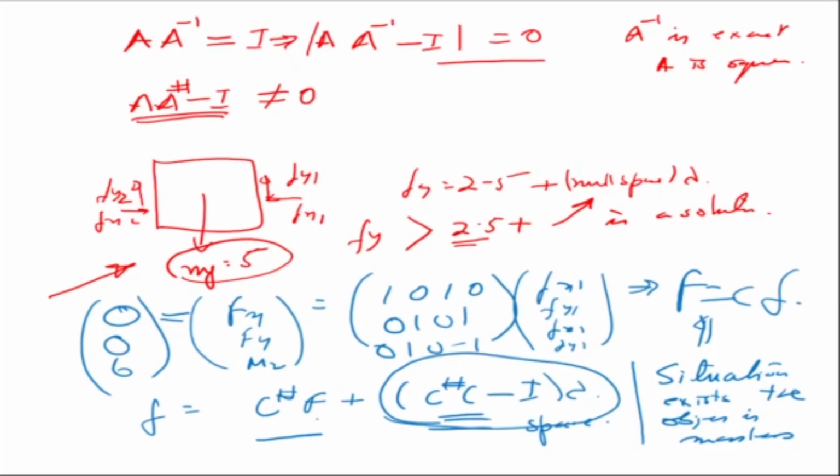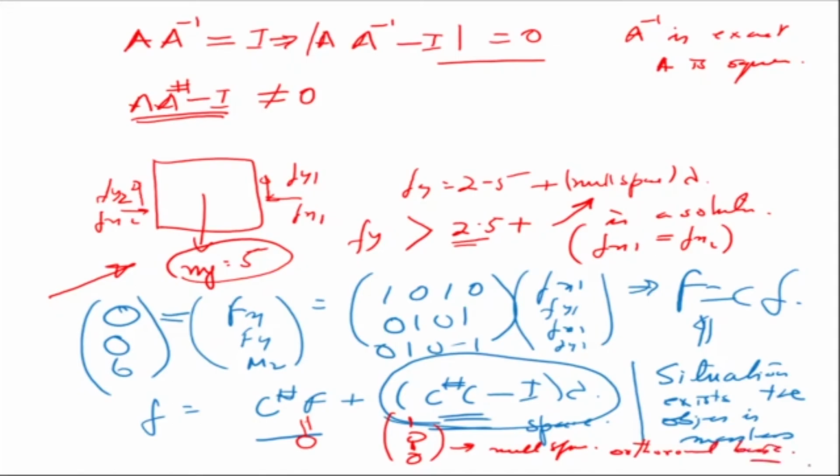Even if this becomes equal to 0, this part will be there, which means Fx1 must be equal to Fx2. So my vector is going to be 1 0 1 0. That is the force in my null space. This is called the orthonormal basis. So the orthonormal basis is 1 0 1 0 here.